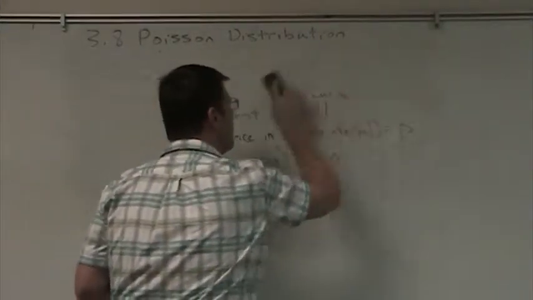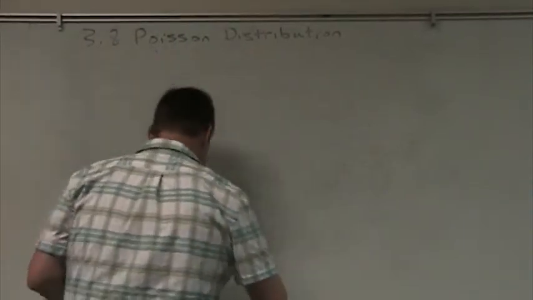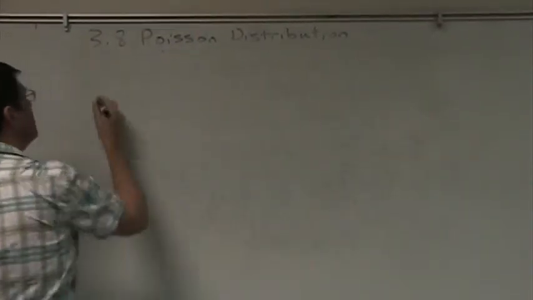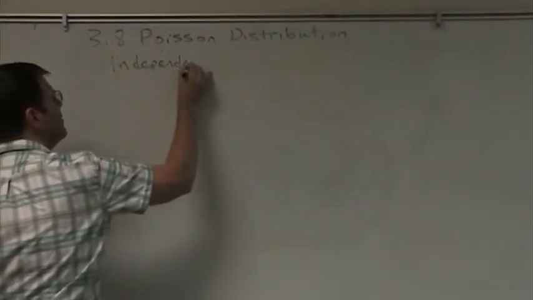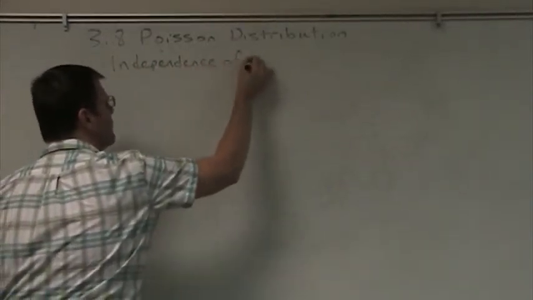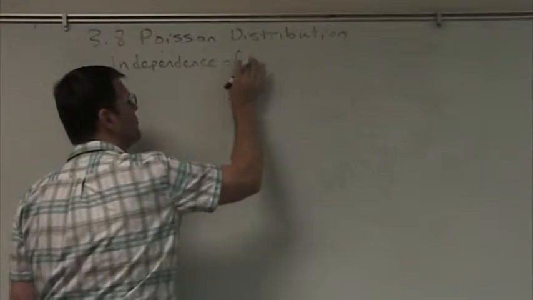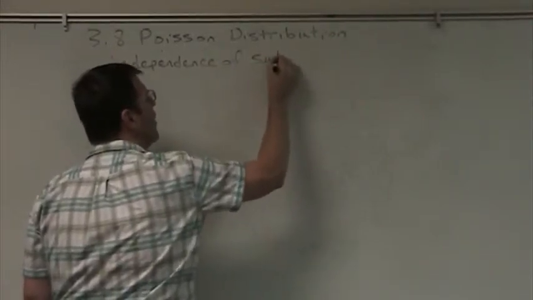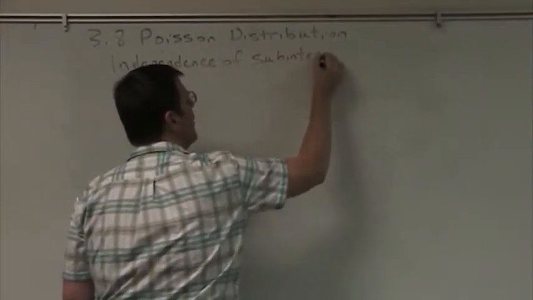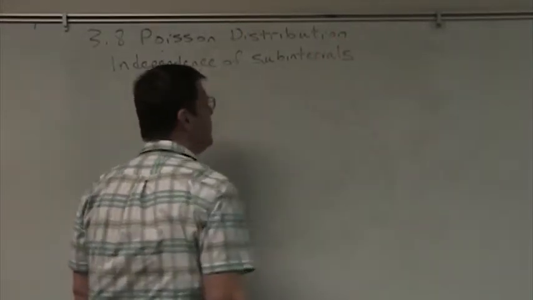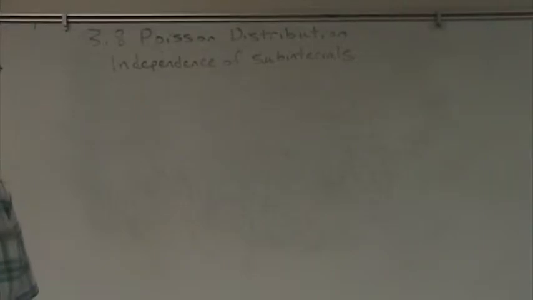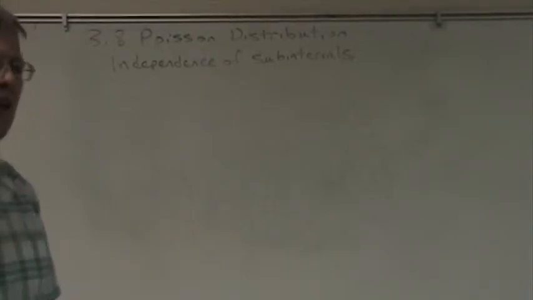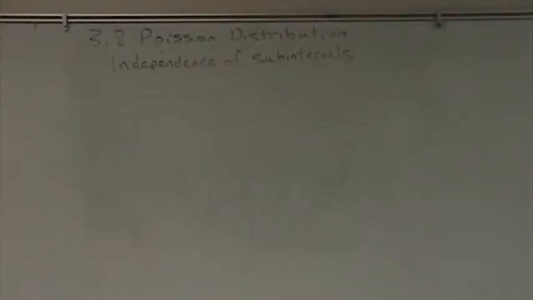One other thing that we're working with here is independence of intervals, or of subintervals. Basically what that's saying is whether something happens in a certain subinterval doesn't impact the probability of something happening in another subinterval.